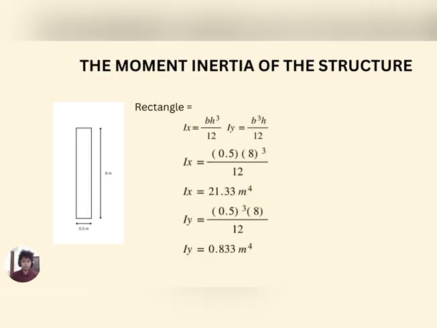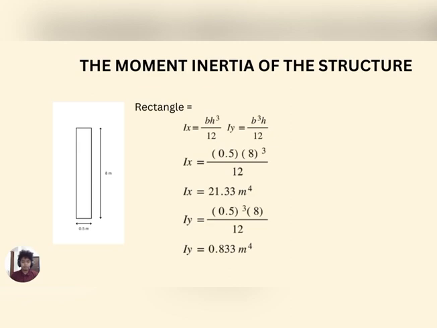And now we will continue to calculate the moment of inertia of the structure. For a rectangle, the formula for inertia x is beam multiplied by height cubed divided by 12. For Iy, beam cubed multiplied by h divided by 12.